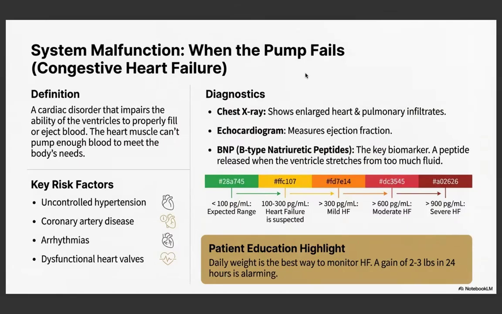So, when we have a system malfunction, like when our heart is failing to pump blood, like in congestive heart failure, we have some risk factors that are going to be associated with that, like AFib or a dysfunctional heart valve. You can also have acyanotic heart defects that can cause this as well.